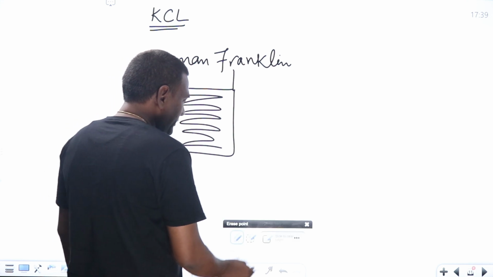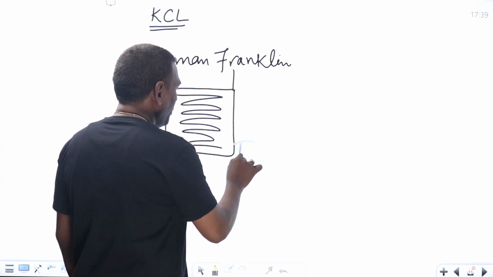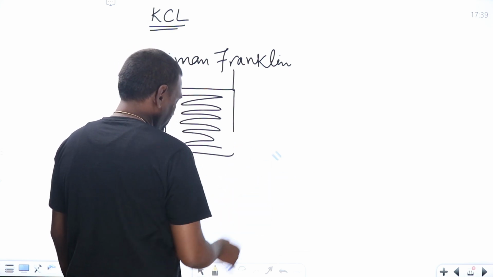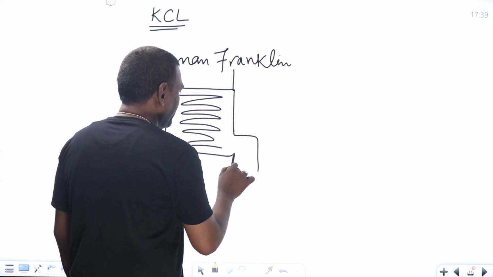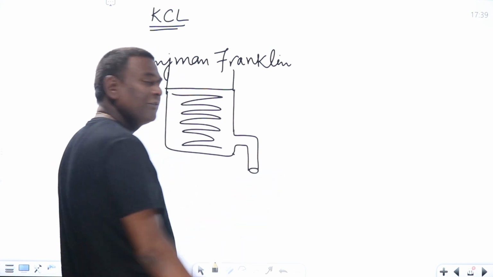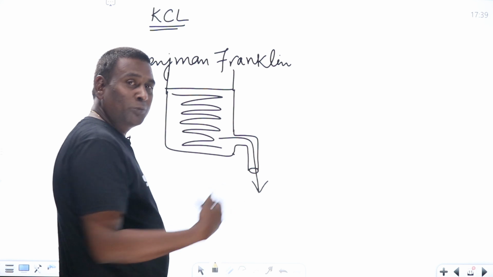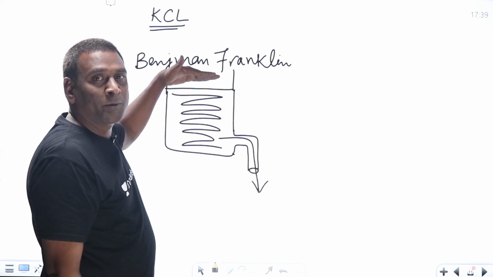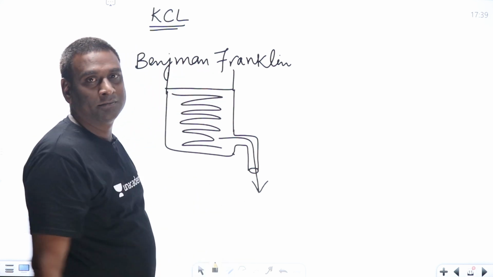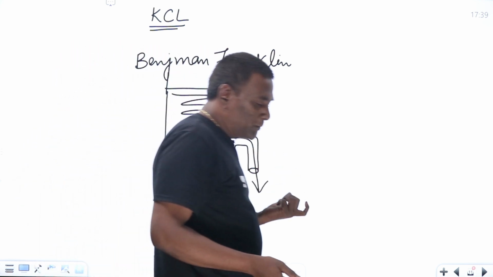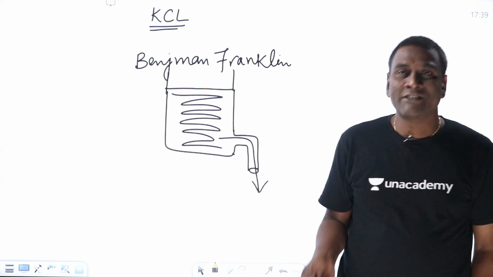Now, for example, if I have some tap here, and if I open the tap and take out some volume of water, this particular volume of water will be reduced by the same amount. Conservation of water. Similarly, he proposed conservation of charge also.